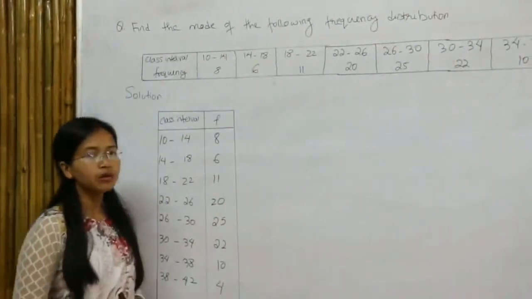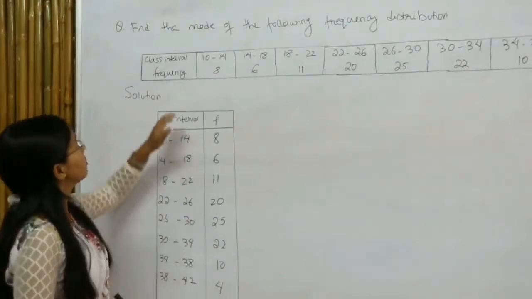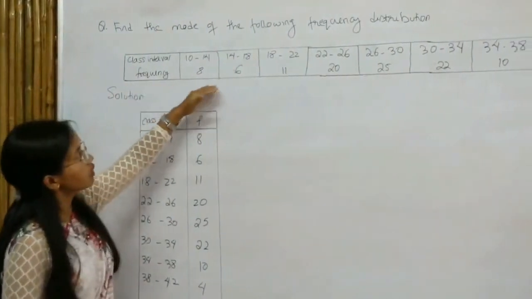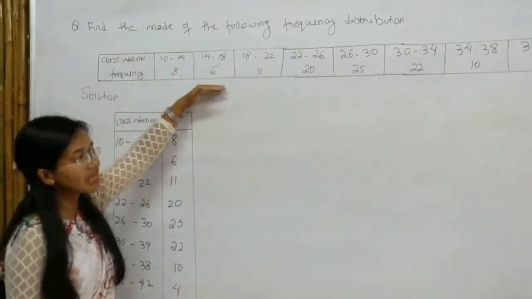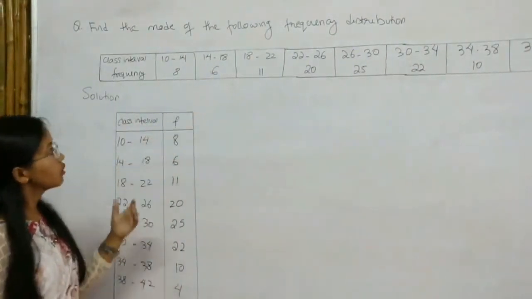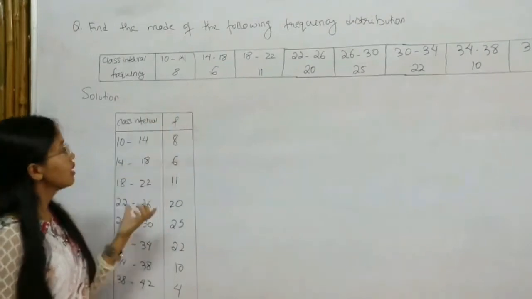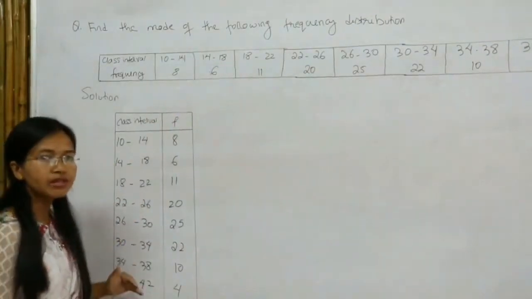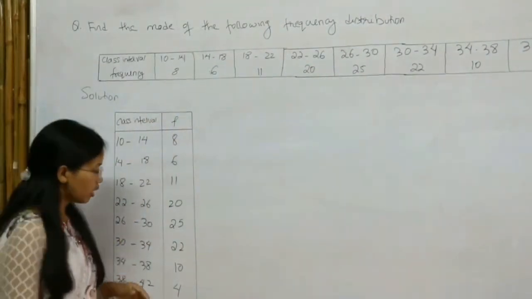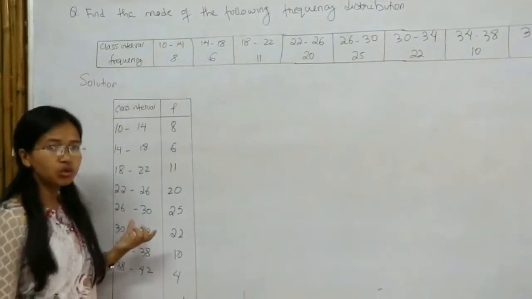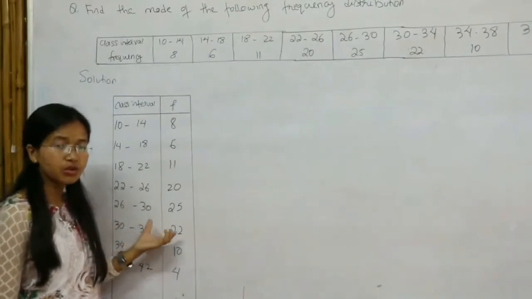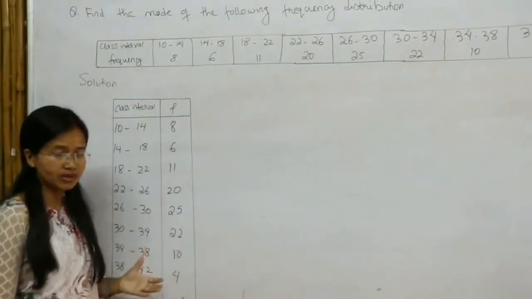Now let us solve one of the problems. Find the mode of the following frequency distribution. So this is the given frequency distribution. We need to find the mode of this frequency distribution. We know that in order to find the mode, we need to look at the class which has the maximum frequency.